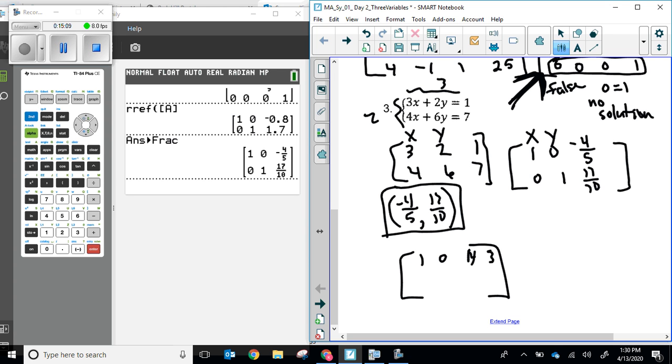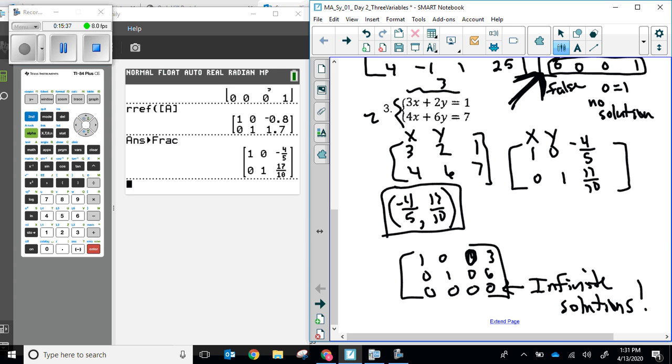This would have to be a 0, 0, 1, 0, 6, and your last row is going to be all zeros. So that tells you infinite solutions. So you may have seen that before. I know I taught that to my Algebra 2 kids this year. They probably don't remember how to do it, but I did teach it to them. So it's a pretty quick little process.